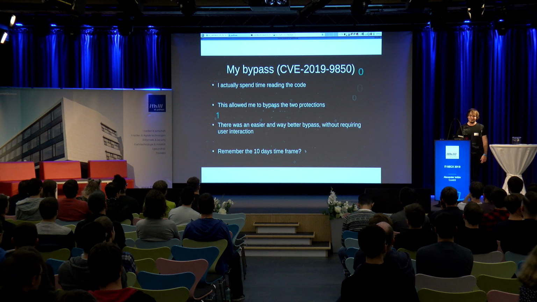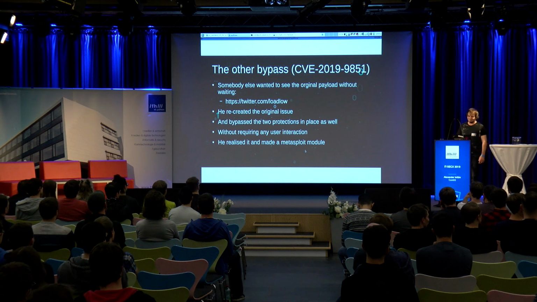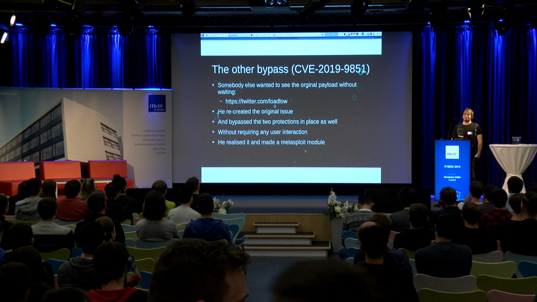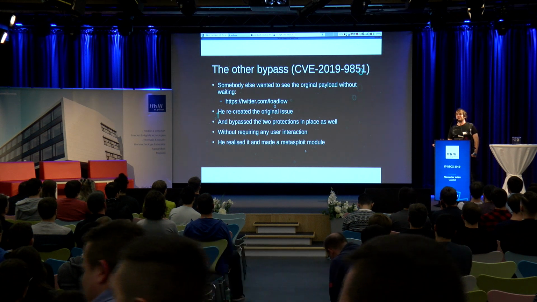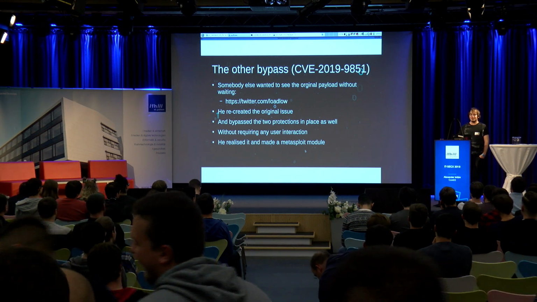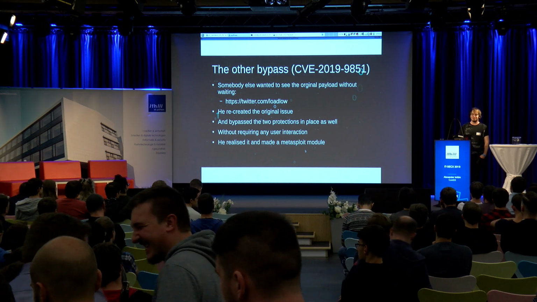And it's basically because of the 10 days between the CVE being released and the official blog post. He's called Ludlow. At least that's the only thing I know. I have no idea what his real name is. He also wanted to recreate the original issue from Niels, and while he recreated the issue, he bypassed the two protections as well.